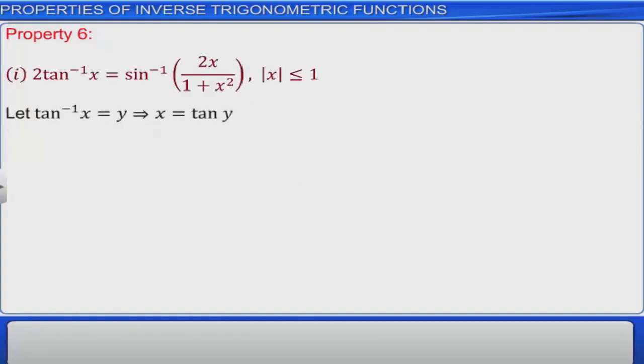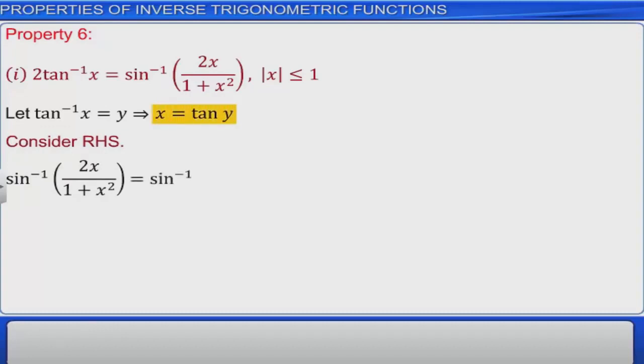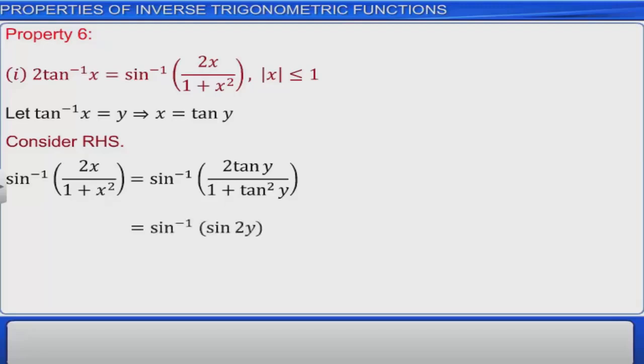Let us assume that tan inverse x is equal to y. This implies x is equal to tan y. Consider the right-hand side, sine inverse of 2x upon 1 plus x square. Substituting tan y in place of x, we get the right-hand side as sine inverse of sine 2y.